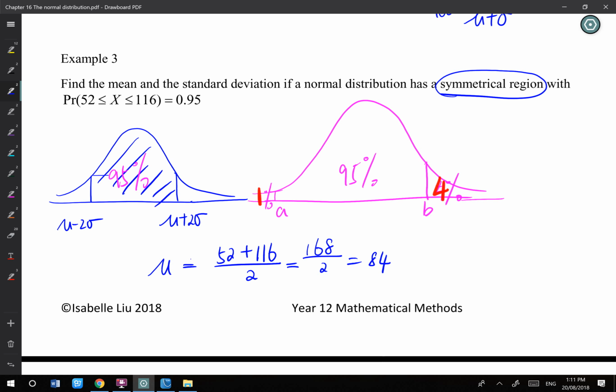So there are 4 standard deviations in between, within 2 standard deviations left and right. So how can we calculate the standard deviation? What's the distance in between them?